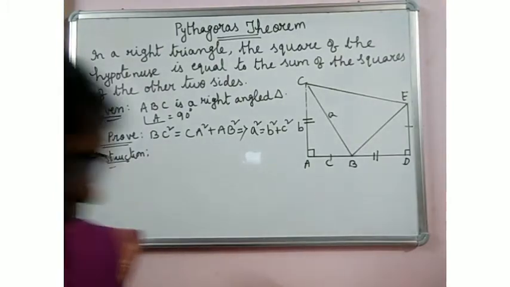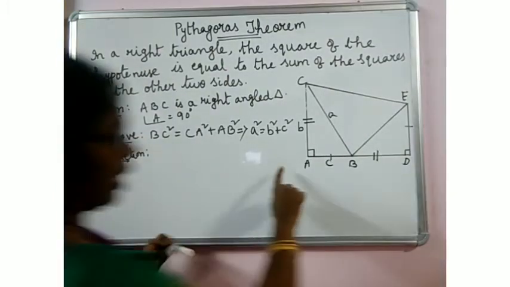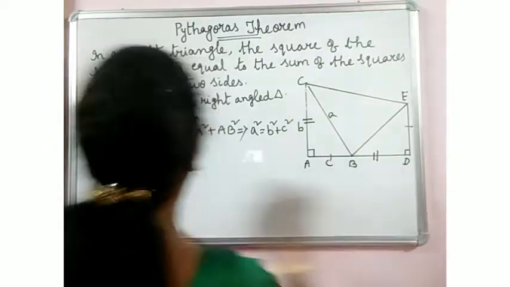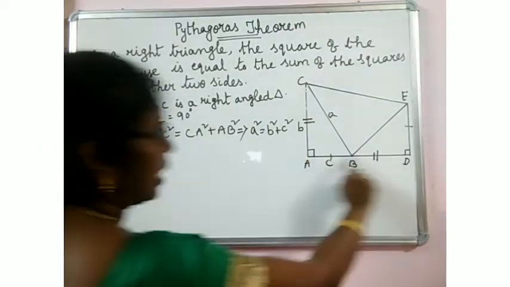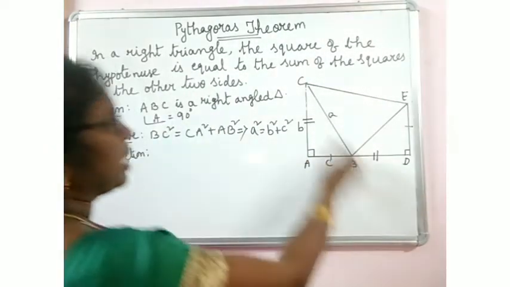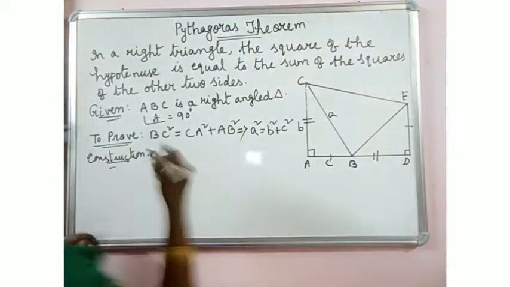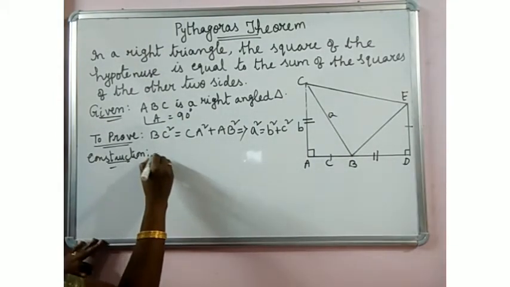So what we have done is, AB is produced up to D such that CA is equal to BD. Let me write what we have done.